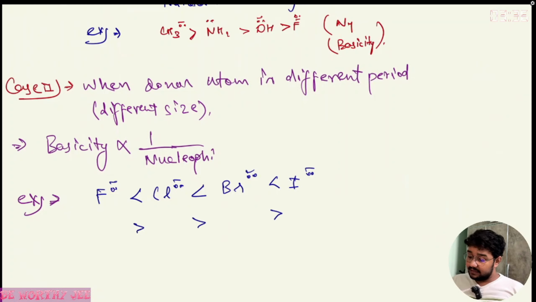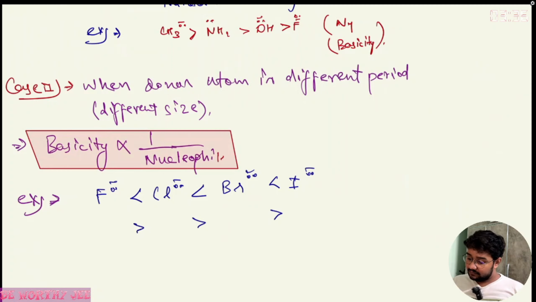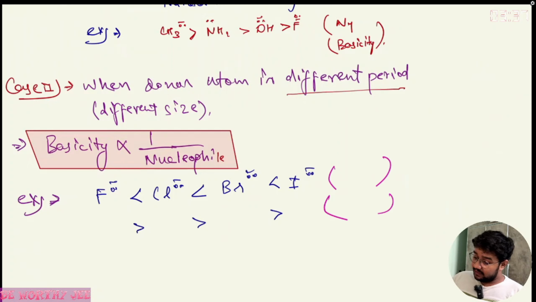As I already mentioned here, it is inversely proportional in the different period. So you should decide the order of basicity and nucleophilicity. The first order shows what, nucleophilicity or basicity?